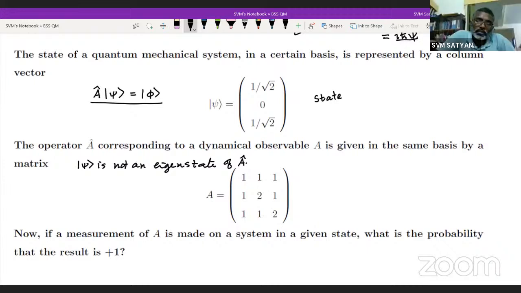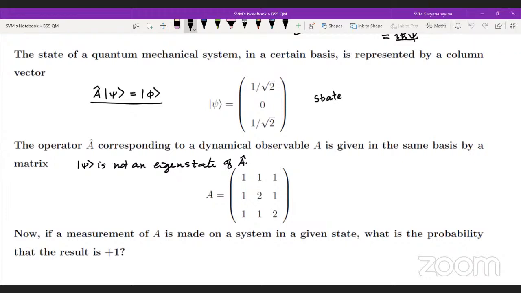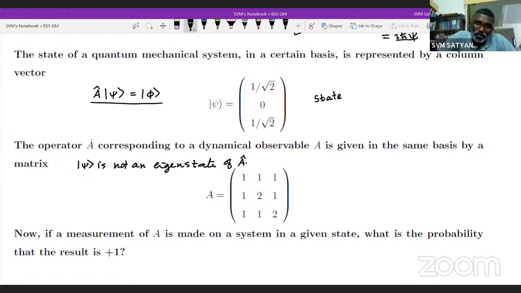This is not an eigenstate of A, but A will have some eigenvalues, no? So when you measure A, you will get those eigenvalues as the result. Yeah, if a measurement of A is made on a system in a given state.